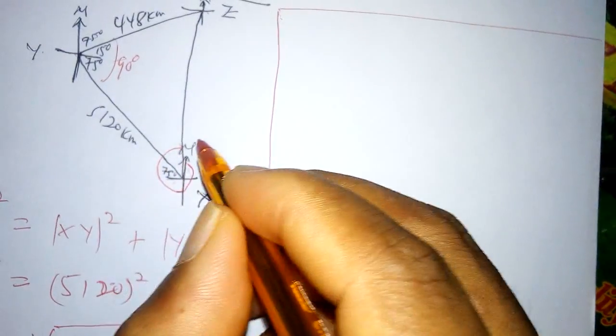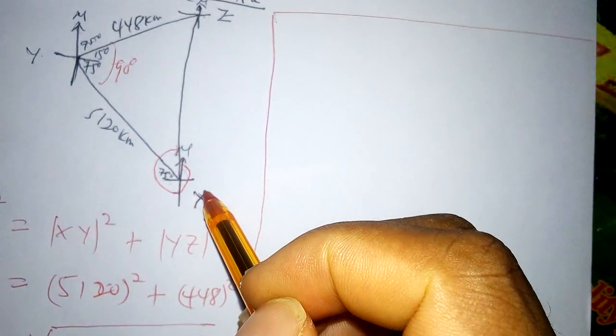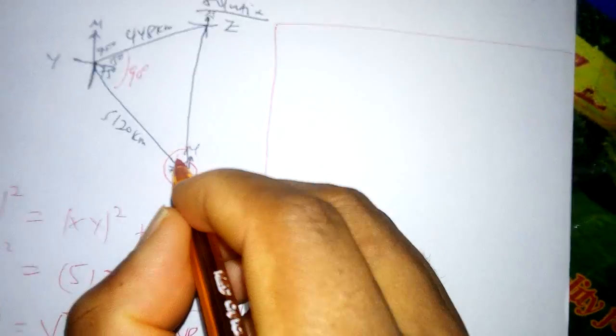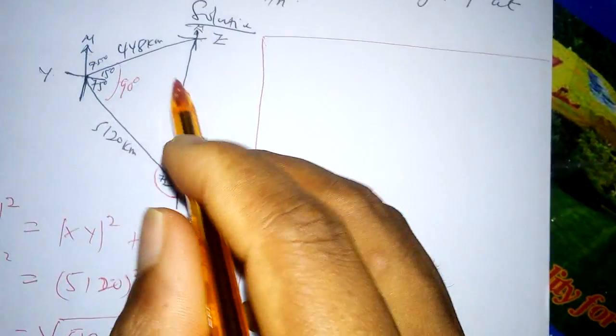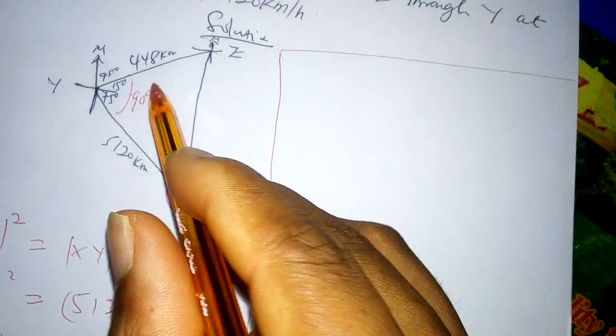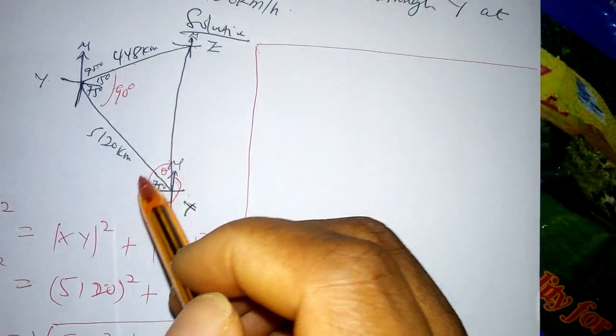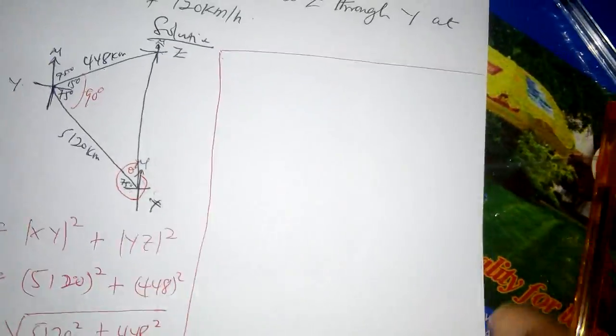Since we know from here to here is 345, we put theta here and look for this theta. Since it's a right angle triangle, the side facing theta is the opposite and this side is the adjacent, so we can use tan theta.